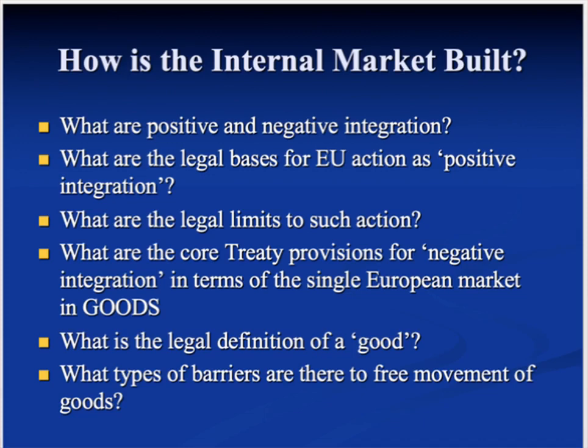That's a pretty straightforward point, which doesn't need much explaining, and which you can also find in a textbook and add to your notes. The definition is products which can be valued in money and which are capable, as such, of forming the subject of commercial transactions. And there are some boundary products like waste or parts of the human body or electricity or lottery tickets, and there is case law on those boundary products.